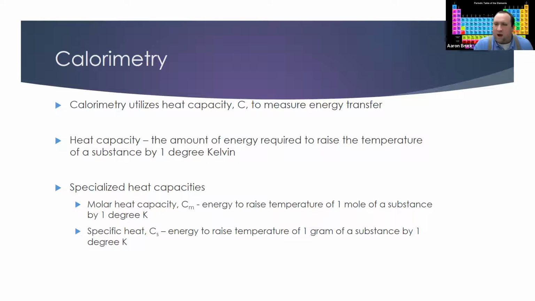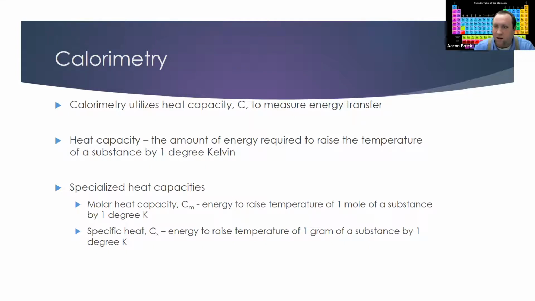Now we're standardizing to a mole. So instead of having a heat capacity that's different for 50 grams, another for 5 grams, and another for 500 grams, we can say that if I have a mole of this substance, this is how much energy is going to be transferred for every degree temperature change.